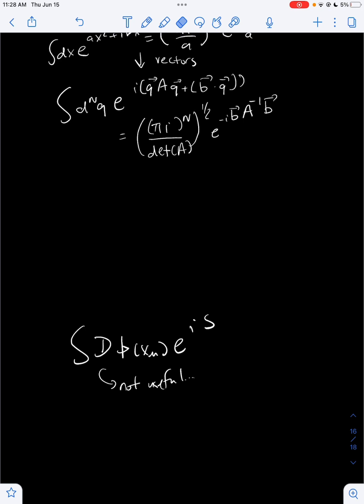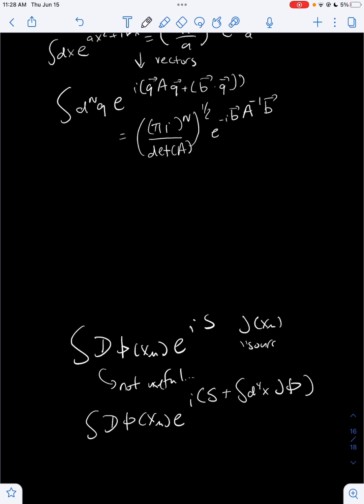A better thing to calculate in quantum field theory would be the path integral, but for an action with a source term, e to the i times S plus the integral over position of J phi, where J is just some function of x mu, and we call this a source. And this source doesn't really have a physical meaning.